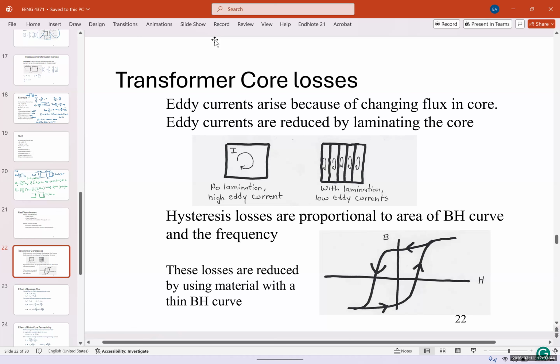Now, when you have an alternating current, meaning you're changing the direction of the magnetic field 50 times per second or 60 times per second, depending on the frequency. For example, if I have a core that goes like this and the current is this way, now I have a magnetic field which is this way. Now, if the direction of the current suddenly changes because you have an AC current, then the magnetic field is changing.